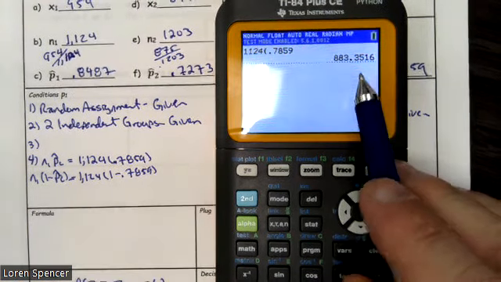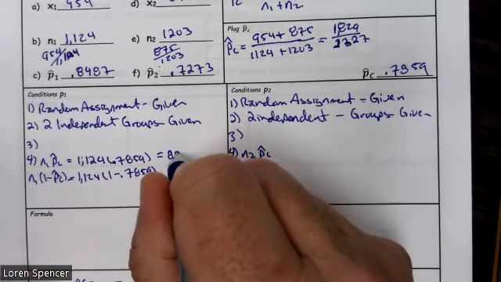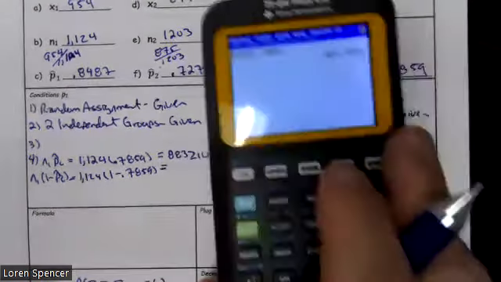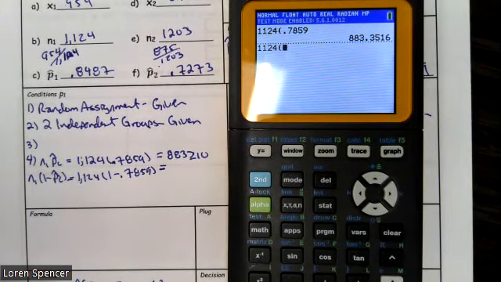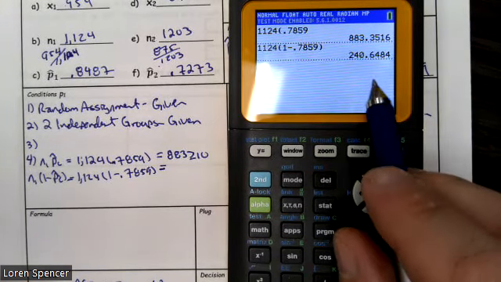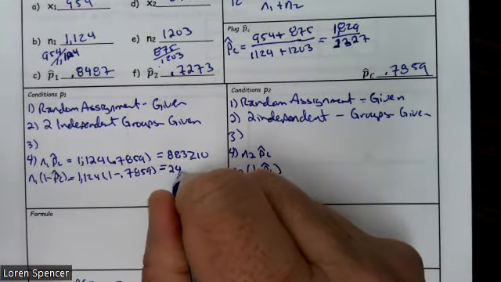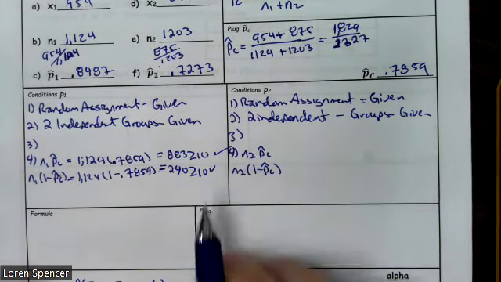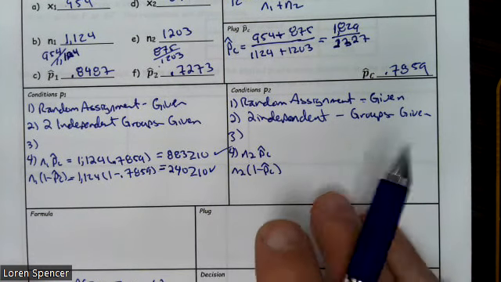We'll get 883. That's greater than or equal to 10. Always got to make the comparison. 1124 parentheses 1 minus 0.7859, close those parentheses. And we get 240. And that's also greater than or equal to 10, so we're good to go. All right, so this one, they're large enough to use the normality because we need to be greater than 10.